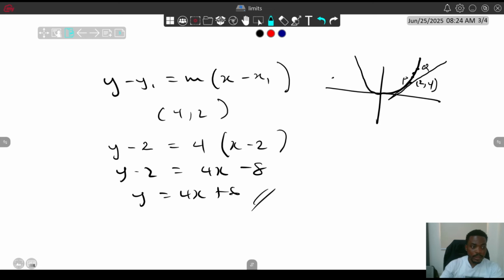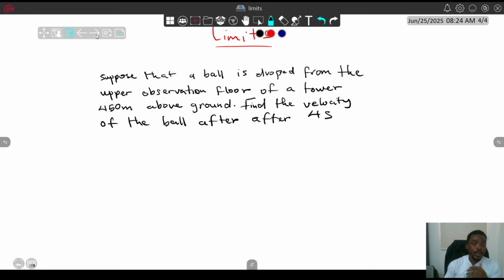So let's consider this very simple example. Suppose that a ball is dropped from the upper observation floor of a tower which is 450 meters above the ground. We need to find the velocity of the ball after 4 seconds. Okay, so Galileo, who was a very famous physicist, deduced that the distance covered by the falling object is equal to 4.9t squared. Right.